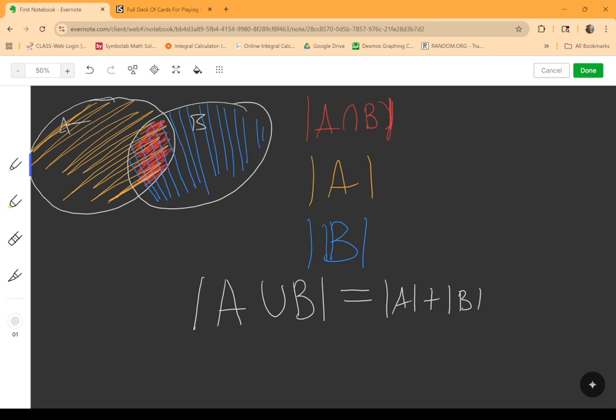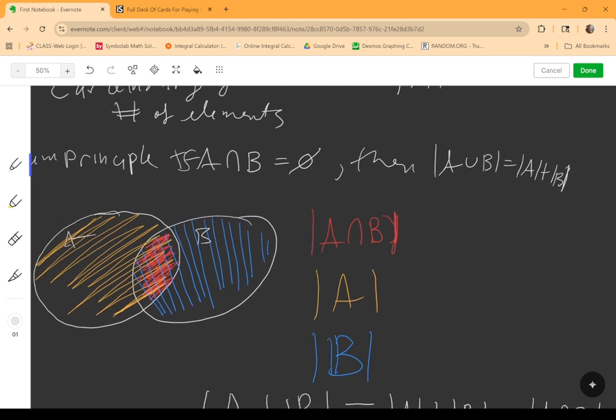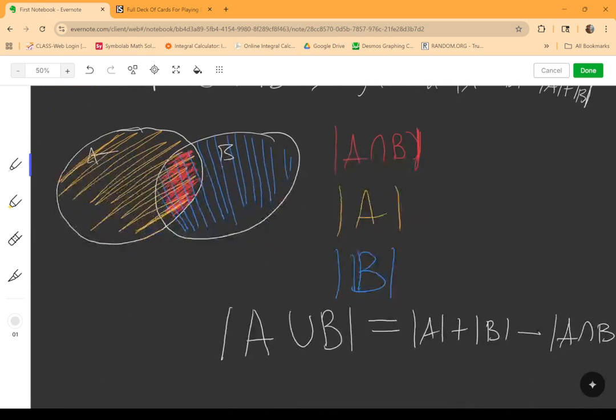So to not overcount, what I need to do is subtract it out, like this, right? And that is how we deal with these non-disjoint sets, all right? So going back to our original problem here, where we were asked, here.